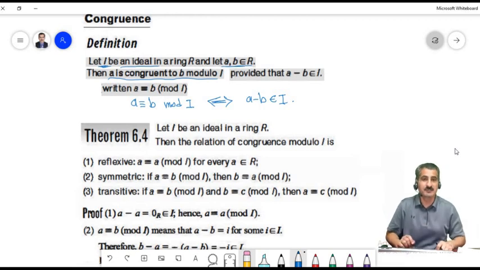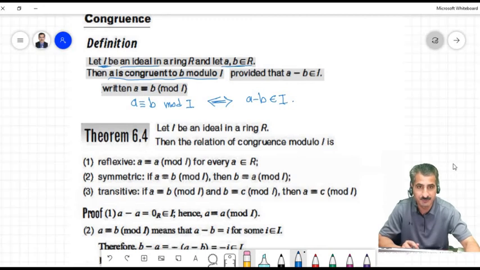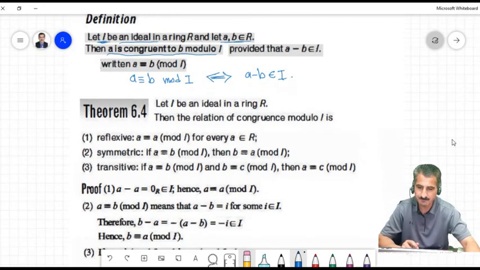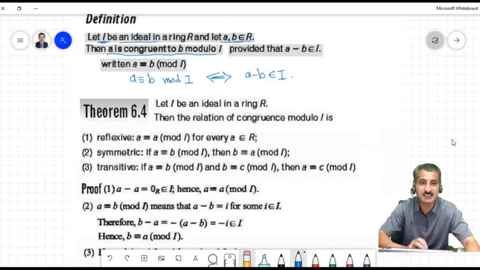Two elements are congruent modulo an ideal if their difference belongs to that ideal. And now this is a relation between the elements of the ring R, because a and b can be any two elements in the ring R. So we will say that two elements in the ring R are related if they are congruent modulo I, an ideal, because we are given an ideal.